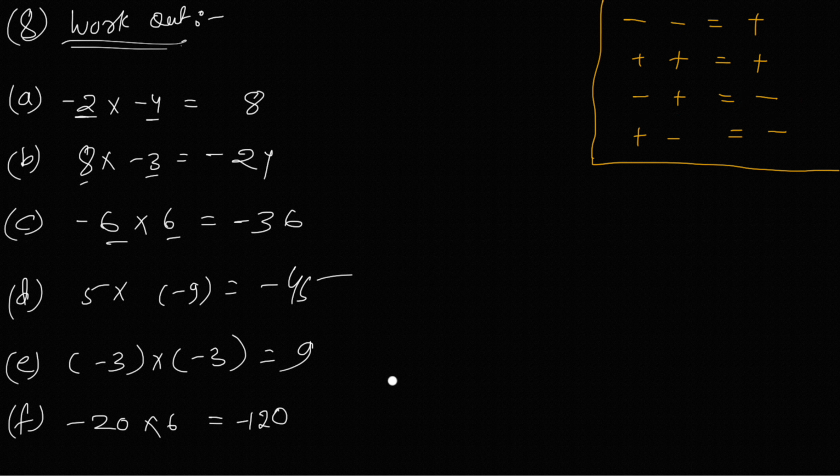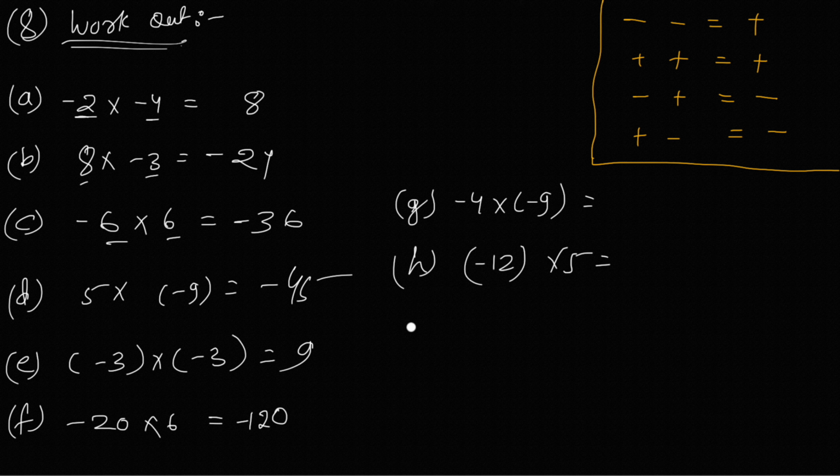Okay, let's do question number G. Question number G is minus 4 times minus 9. Let me write all the questions. You can try it by yourself also. You can pause the video and solve.